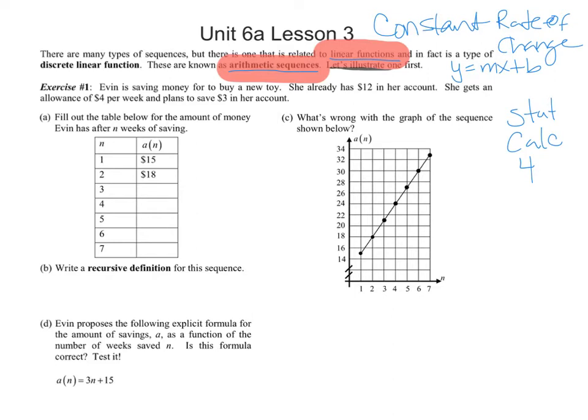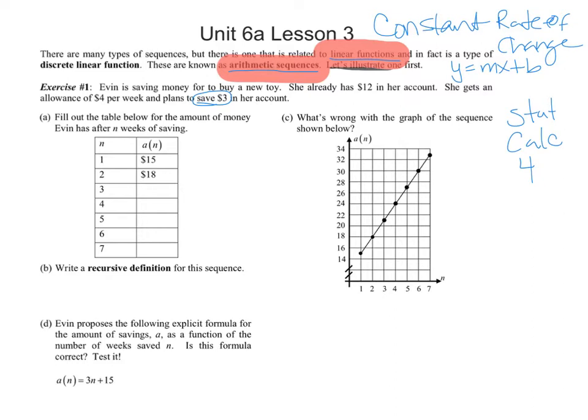Ivan is saving money to buy a new toy. She already has $12 in her account. She gets an allowance of $4 per week and plans to save $3 in her account. So out of that $4, she's going to save $3 in that account each week. So on week 1, she has $15. Week 2, she has $18.